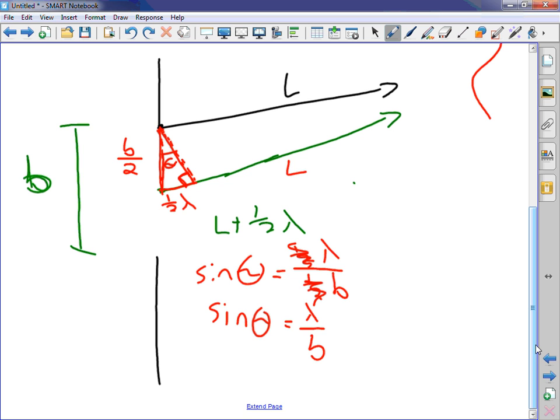Sine of 0.1 should be about 0.1. Double check the calculator. Next, let's go up a little bit more. Sine of 0.5.